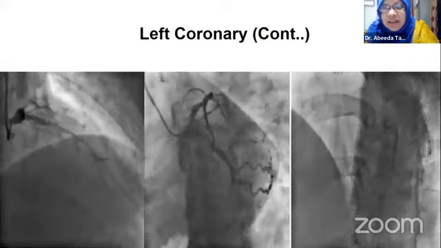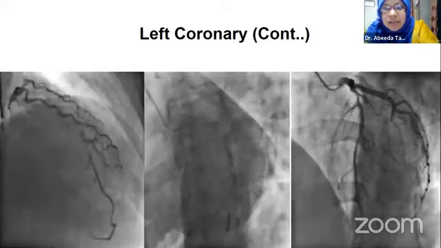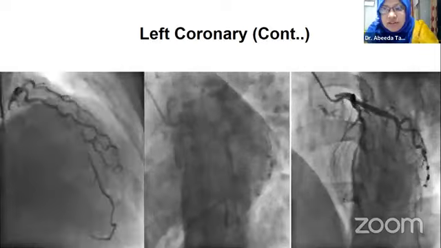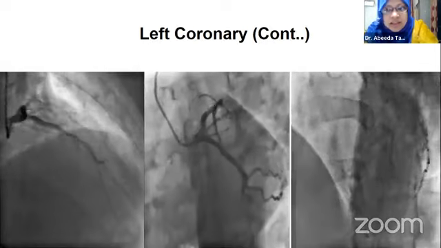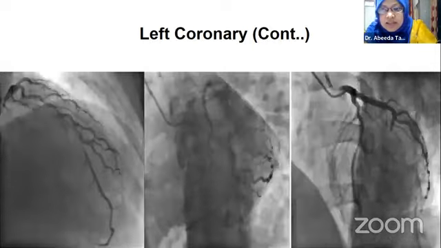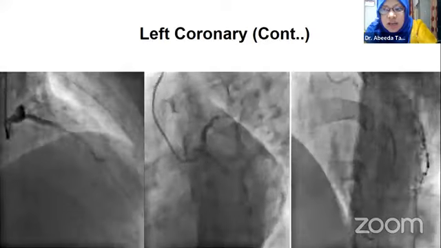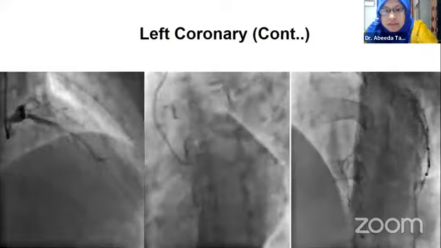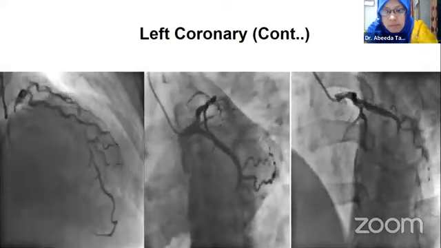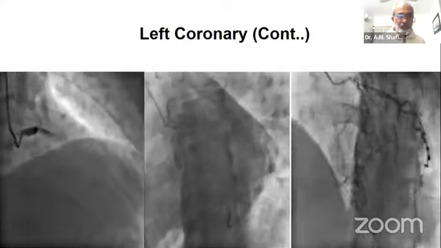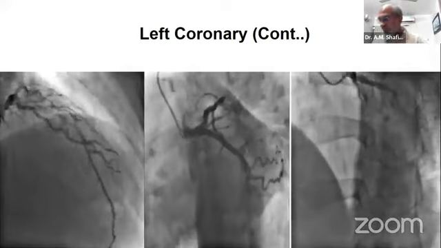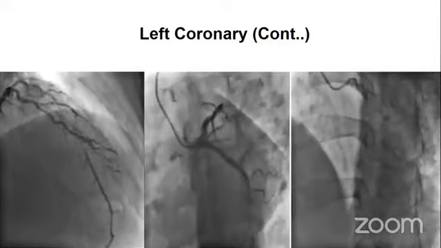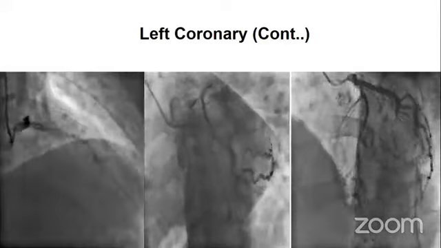In the right-sided ECG there was right ventricular infarction present, but here the RCA is non-dominant and LCX is the dominant one. So is it possible that LCX is supplying the right ventricle? The LCX is dominant, right? Yes, sir. The LCX is the dominant one. So that explains that the LCX is playing a role.